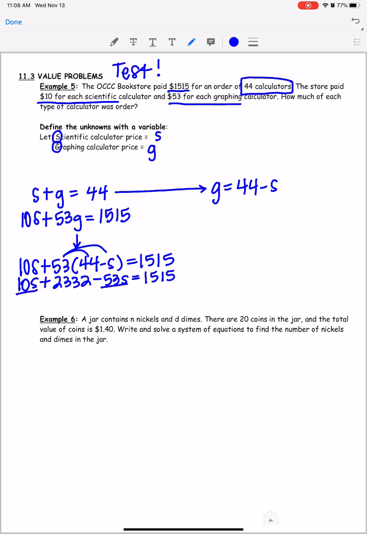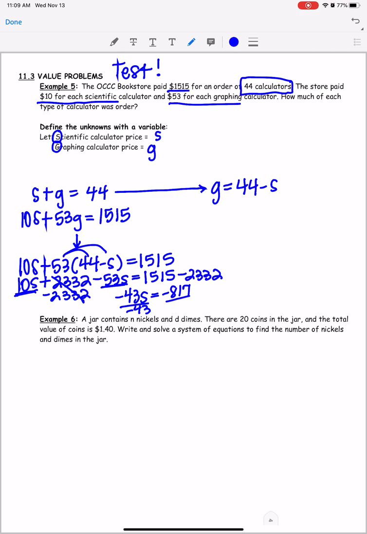I'm going to combine like terms, and when I combine my 10S and negative 53S, I get a negative 43S. Then I'm also going to subtract this over, so I get a negative 817.